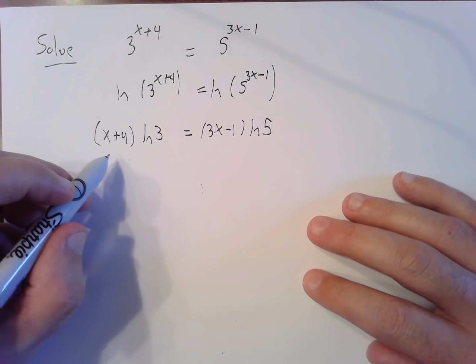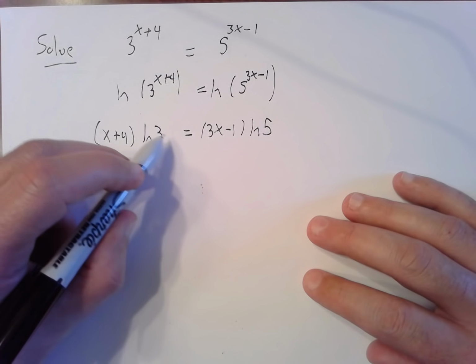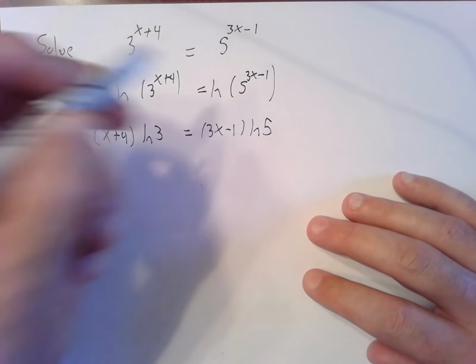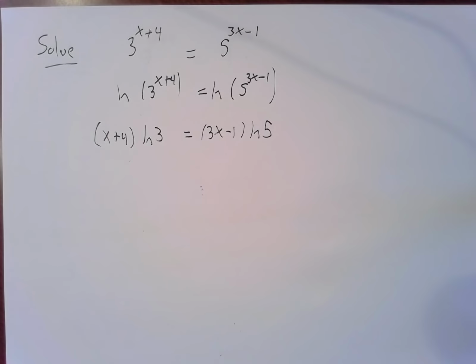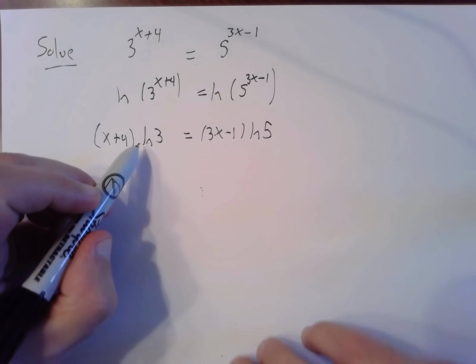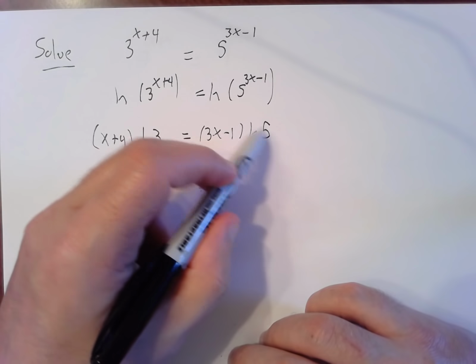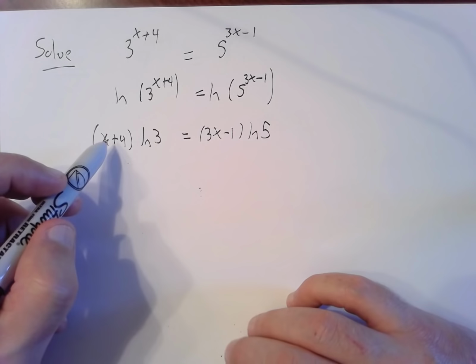Okay. Now, this natural log of 3, this natural log of 5, those are just numbers. You could type it in your calculator if you want. It's just some horrible decimal. That's multiplying. That's multiplying. I can just distribute.